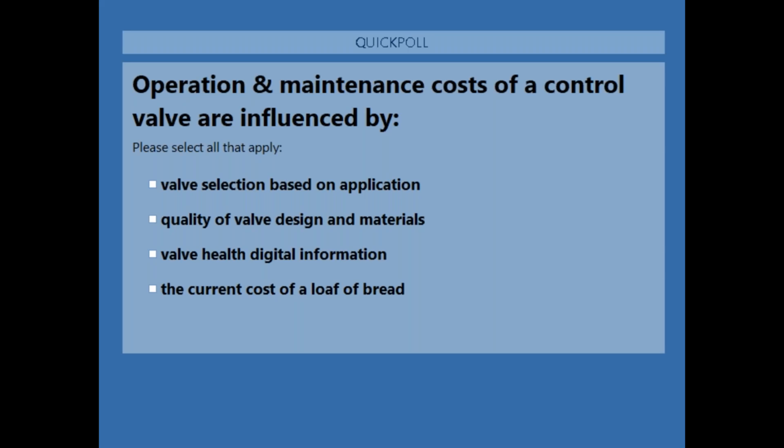Select all that you think apply. Valve selection based on application, quality of valve design and materials, digital information on the valve health, or the current cost of a loaf of bread. I will give you about a minute to participate.